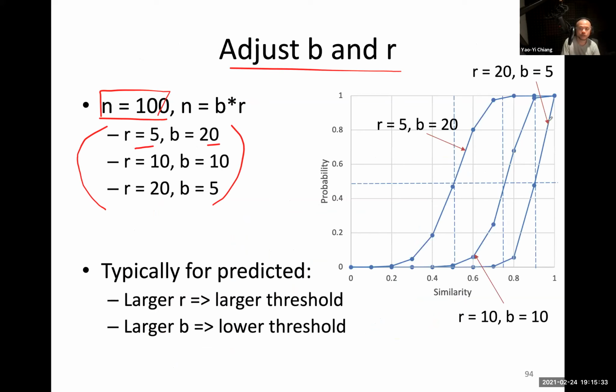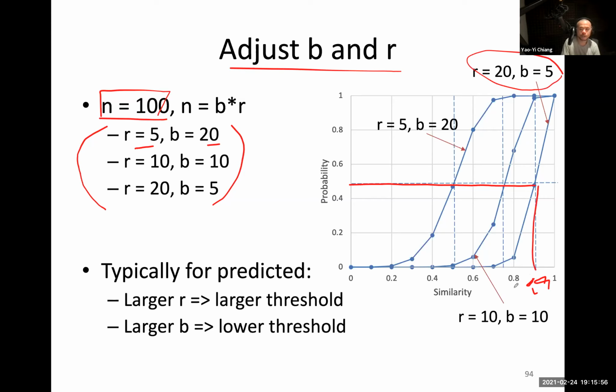So if you look at all these three charts, you can see they change shape and change locations on the chart, and you can look at the predicted threshold, right? So if your application has, maybe this is 0.9 Jaccard similarity, then you want to use this setting, R equal to 20, B equal to 5.